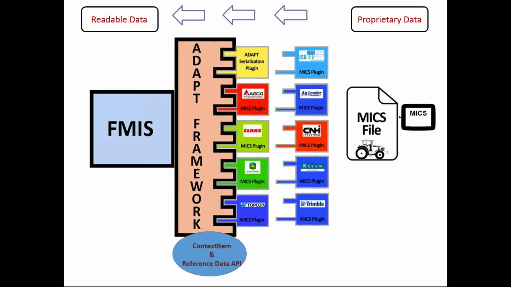Down at the bottom, we have the reference data API, which uses context items to reference relevant geopolitical context data. And what you end up with is a readable format that you can use within the FMIS, and then the FMIS has the ability to transform it however they would like.